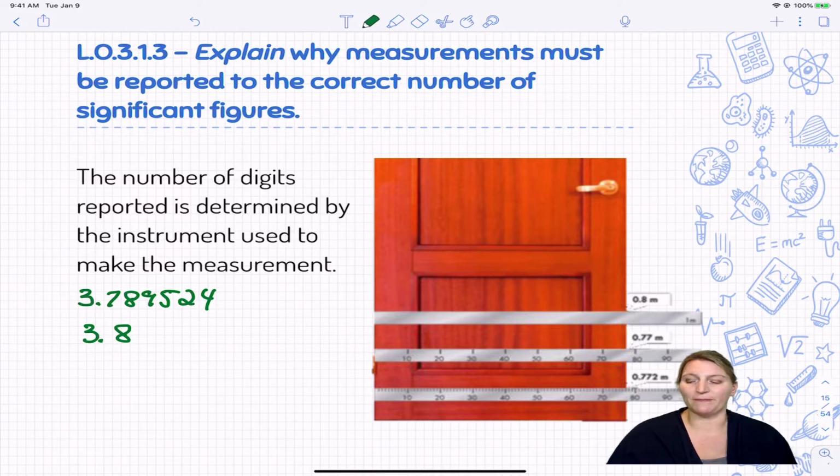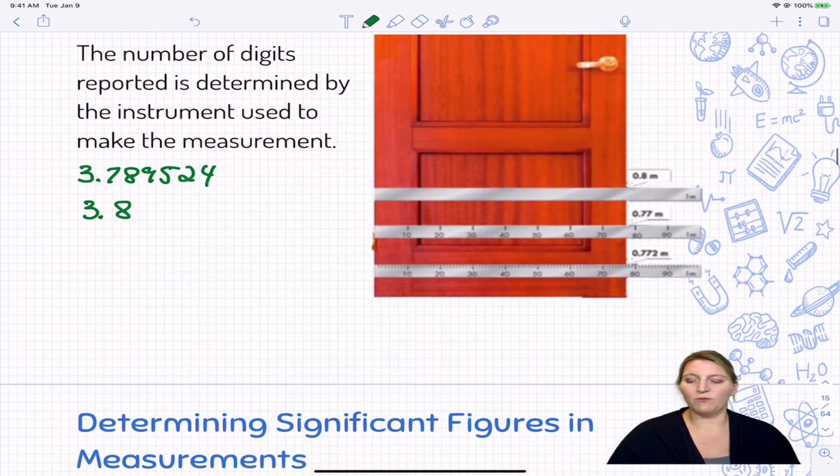If you look at the example of the width of this door here, you can see the width of this door is measured with three different rulers. The first ruler only has markings for every 1 meter, 2 meters. So of course we can go one digit beyond the smallest marking, and that's how we get 0.8.